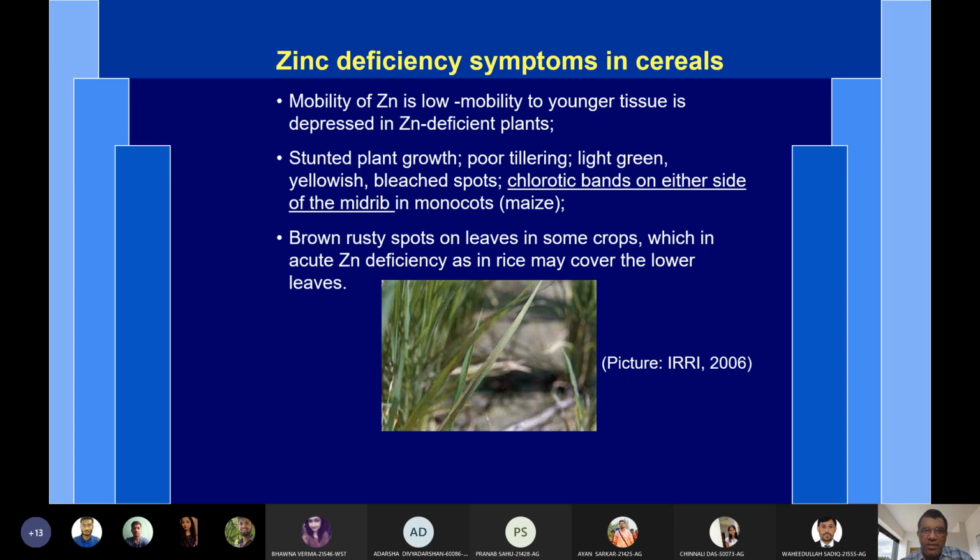And particularly in case of rice, when you go for transplanting, there are hardly 5 leaves on the seedling, and it takes about 8 days to establish. So if there was not sufficient zinc, then all the leaves will show zinc deficiency symptoms.